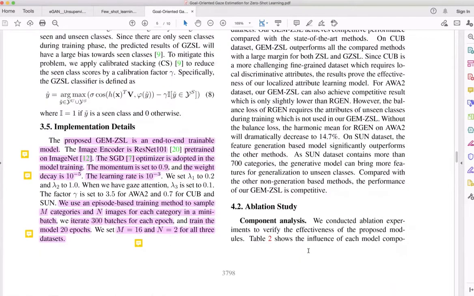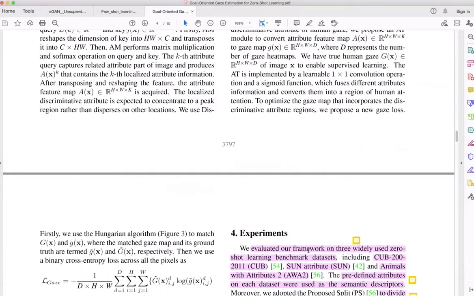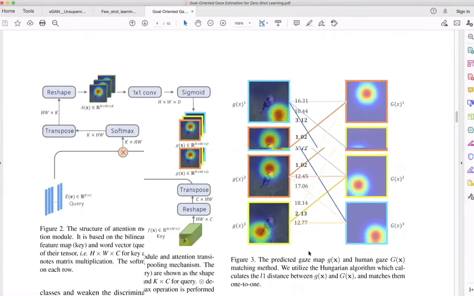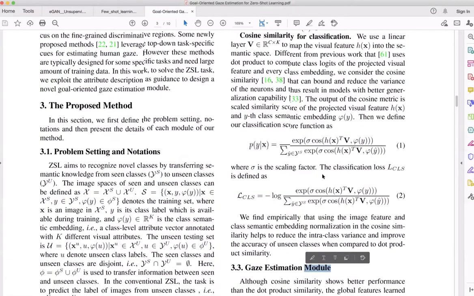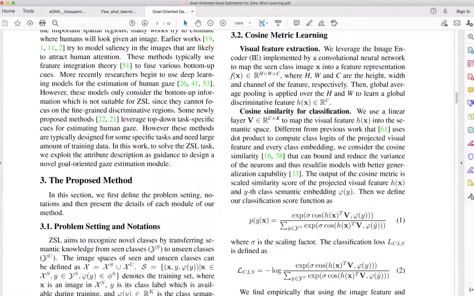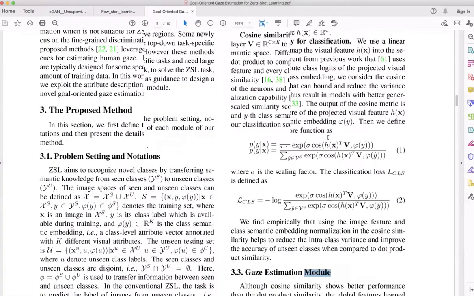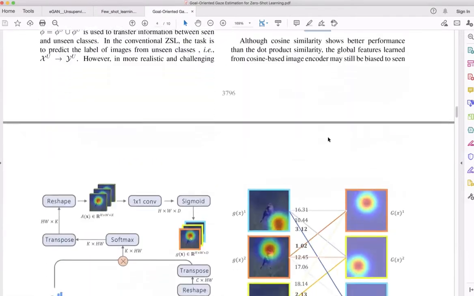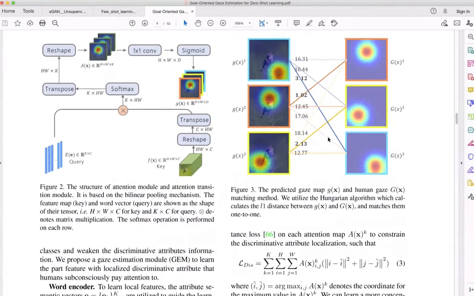As we can see, here you have the gaze estimation module, which measures the cosine similarities, and you have the feature extraction, and you have the cosine similarity for classification of the input image.